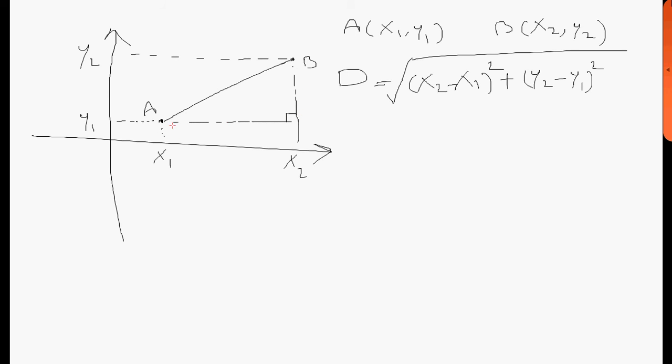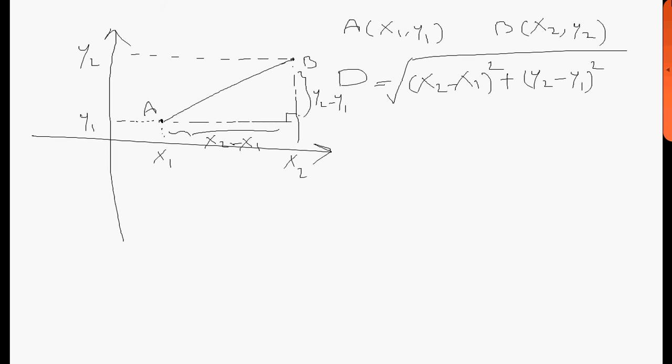If you look at this side here, the length of this side equals the length of this line segment, which is x2 minus x1. And this side here is the same length as this line segment between y1 and y2, so the length of this side is just y2 minus y1.